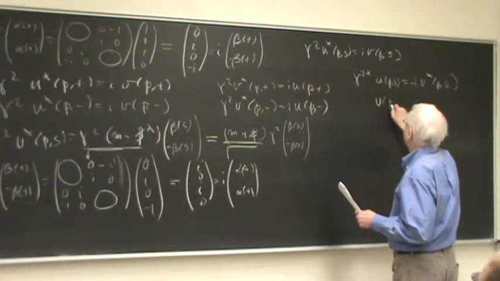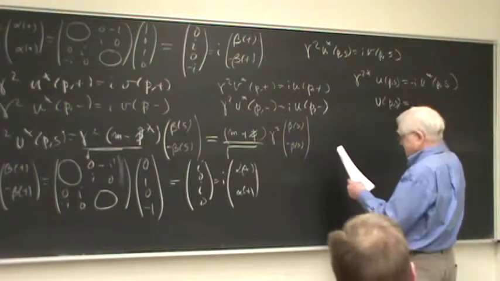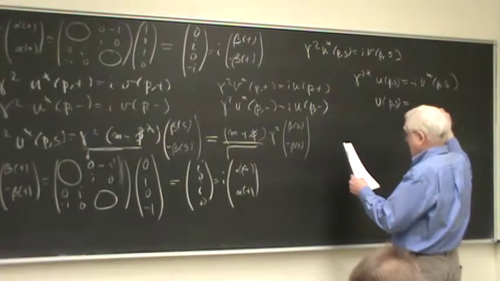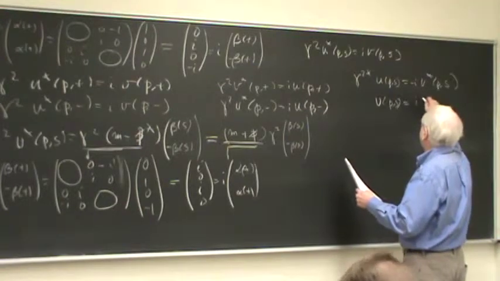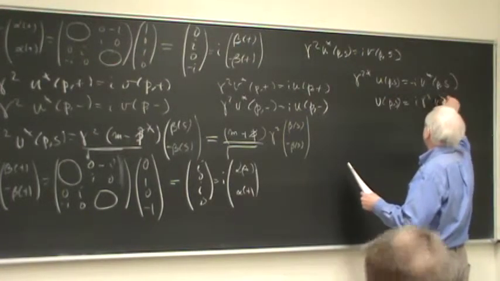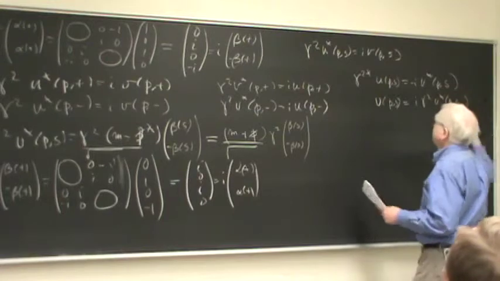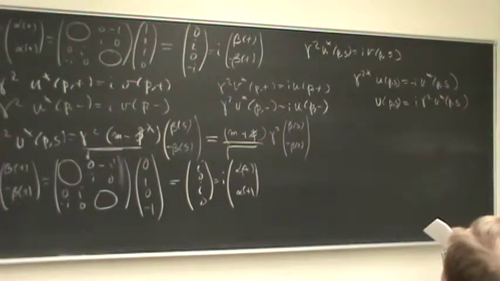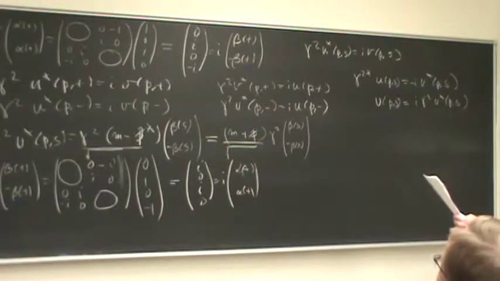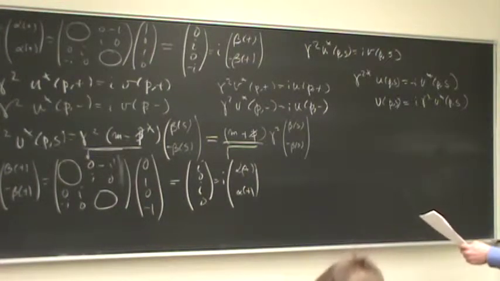So we have U of P and S is I gamma 2 V star of P and S. Now let's see, did I screw that up? Because in my notes I have a minus sign, but it's easy enough to check.